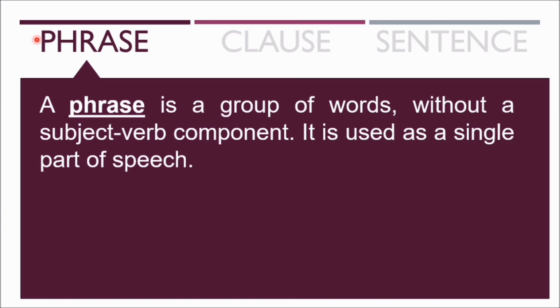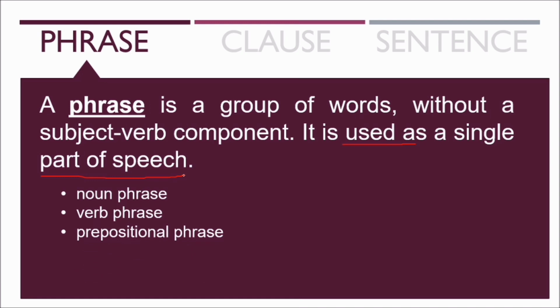So, your phrase may contain a subject but without a verb, or it may contain a verb but without a subject. Now, what is the major function of a phrase? It is used as a single part of speech. That is why we have the so-called noun phrase, verb phrase, prepositional phrase, adverb phrase, and of course, adjective phrase.